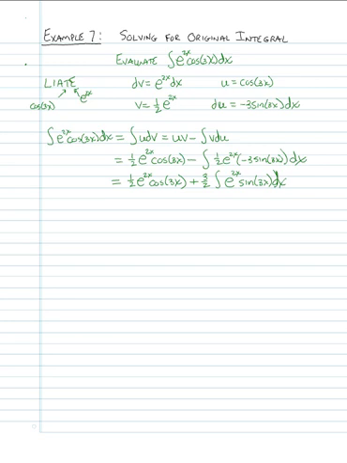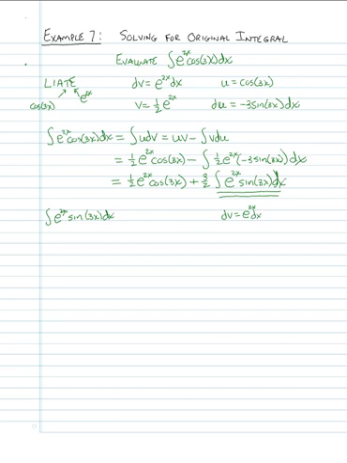So what I want to do is concentrate on this integral temporarily, okay? And I'm going to do the same thing that I did above. I'm looking to integrate e to the 2x sine of 3x. We're putting the other on hold temporarily. To do that, I'm going to choose dv to be e to the 2x dx, just like I did a moment ago.